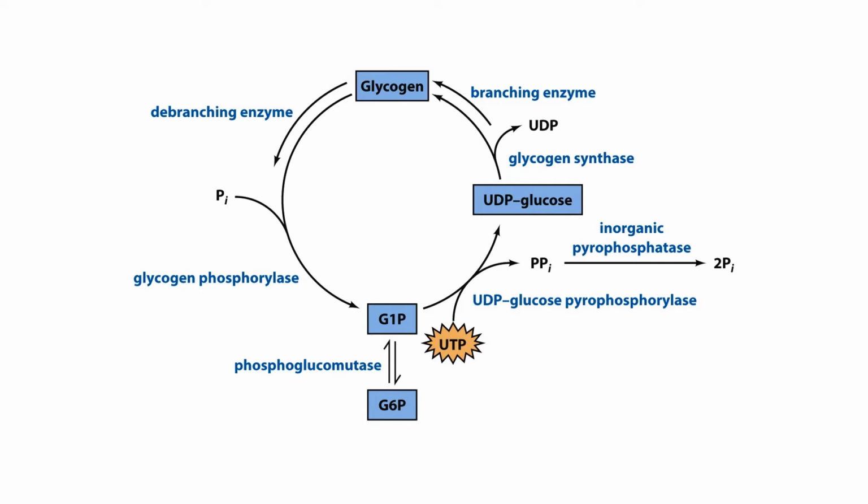The enzyme UDP glucose pyrophosphorylase hydrolyzes 2 phosphates, which are then converted to 2 inorganic phosphate molecules, resulting in UDP glucose. That UDP is then cleaved by glycogen synthase, and there's a branching enzyme that adds that glucose unit onto an existing glycogen molecule.